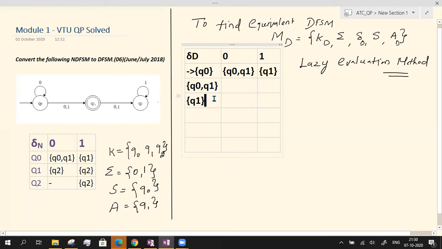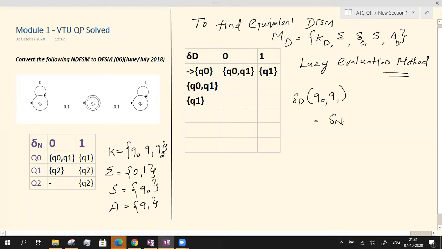Okay, now the question is, from Q0, Q1 on 0, how to identify? I will write and explain here. So I have to find the transitions of the DFSM on Q0, Q1. So how to identify this? It is very simple.